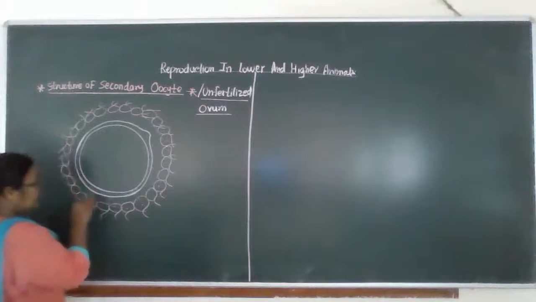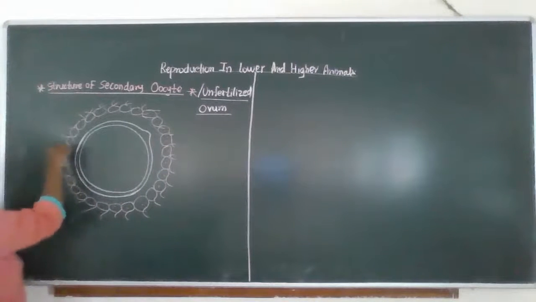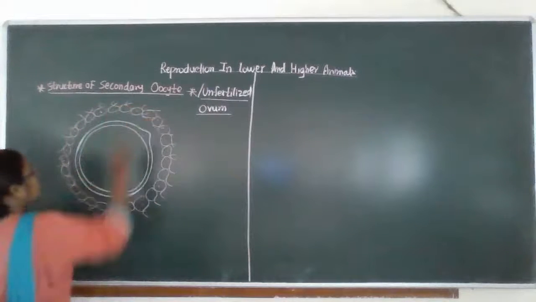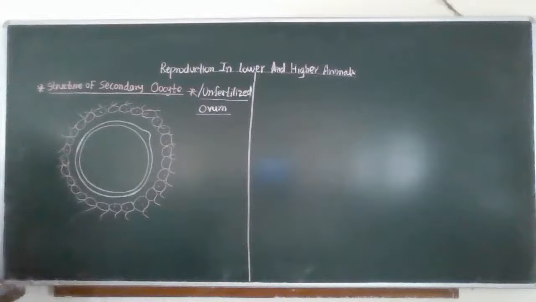This layer is called the corona radiata cells. We will label it.